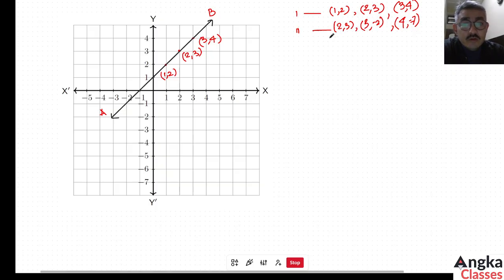Now similarly, for equation 2, we have the first coordinate 2, 3, then the second coordinate 3, minus 2, with 3 on the x axis and minus 2 on the y axis.